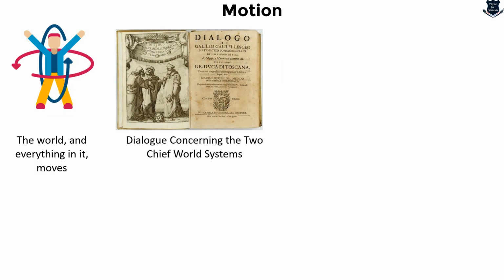That is, in 1632, Galileo published Dialogue Concerning the Two Chief World Systems, a book that presented arguments for heliocentrism. Now, this book actually brought him into conflict with the church, which had already condemned the heliocentric model as heretical.